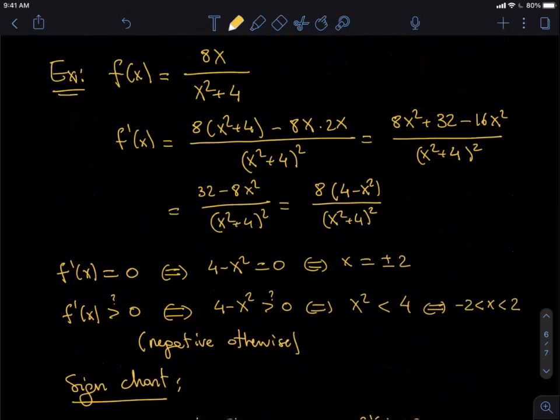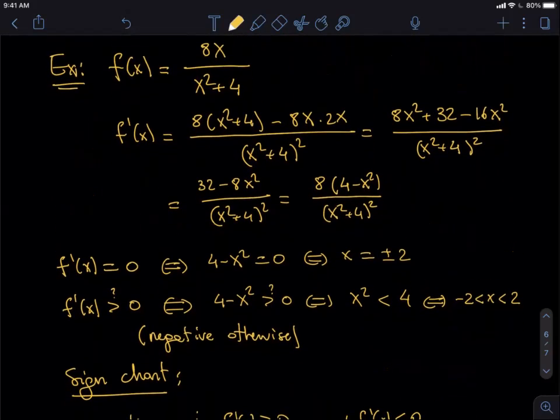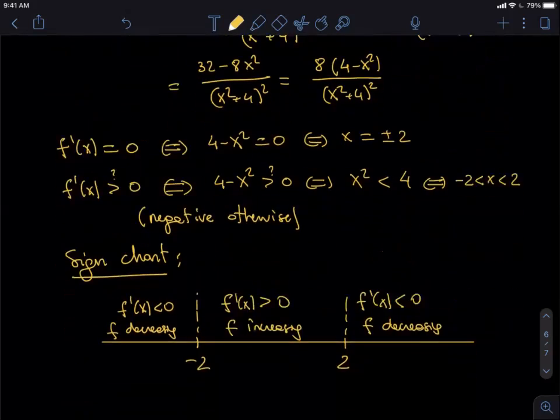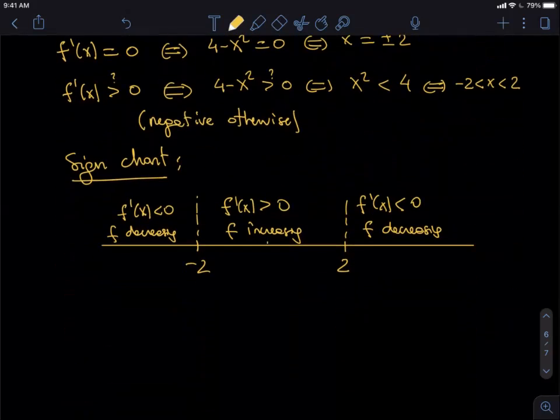Now, one more thing that we may notice looking at the formula for f is that f of x equals 0 if and only if x equals 0. So we can mark it here too, 0. And see what happens. We need another line.